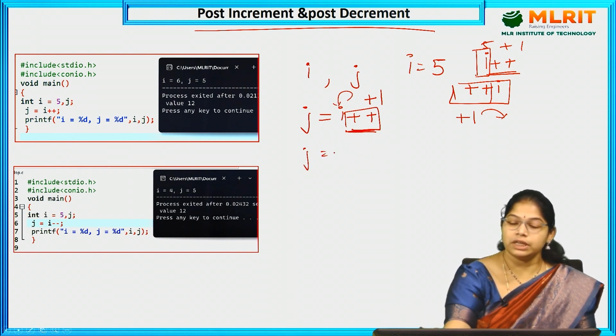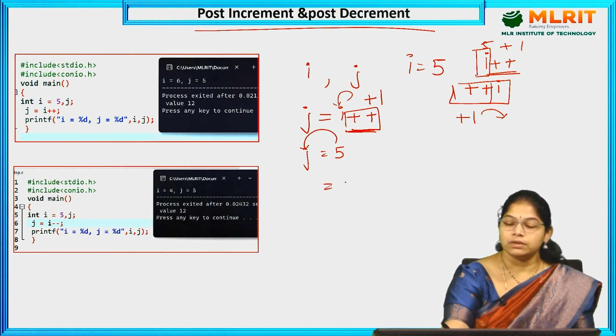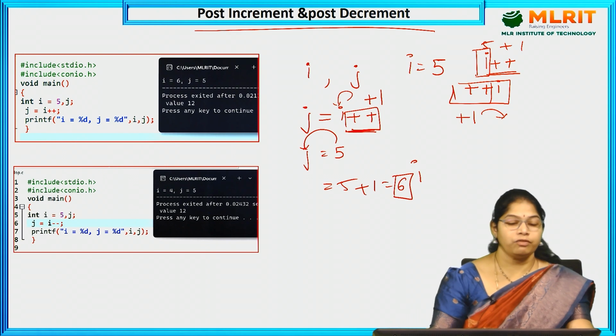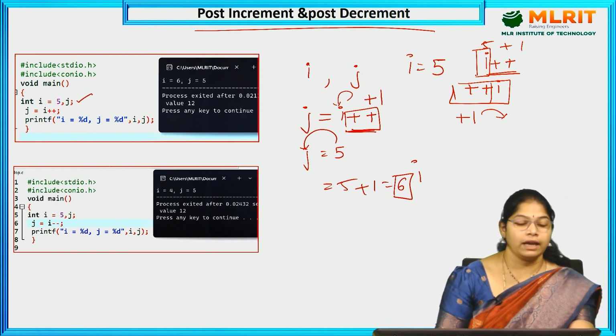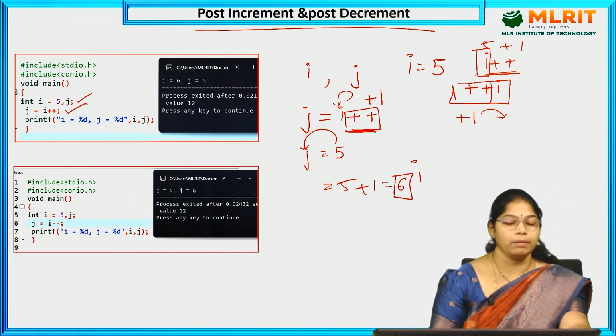So here j equal to I plus plus, where I value is 5, that 5 is assigned to the variable j, then increment takes place. So 5 plus 1, it is 6. If you observe this, here we have I equal to 5 and j equal to I plus plus.